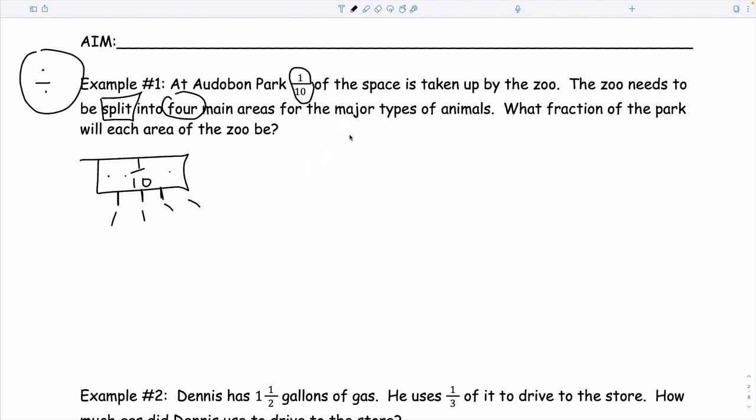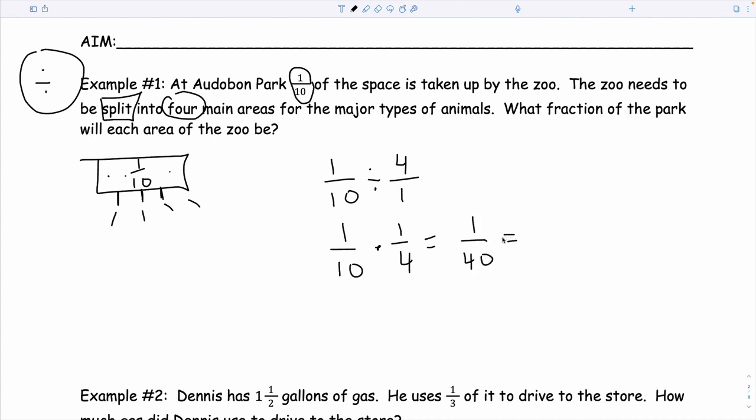What am I splitting up? I'm splitting up the 1/10 of the space into 4 sections. Before I cross cancel, let's keep, flip, and change. 1 times 1 is 1, 10 times 4 is 40.